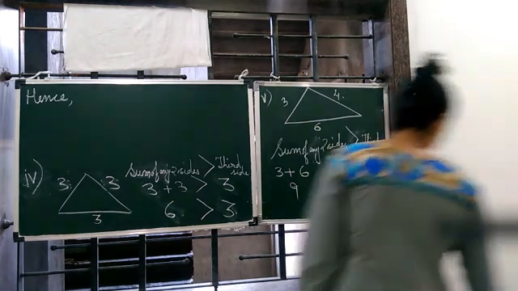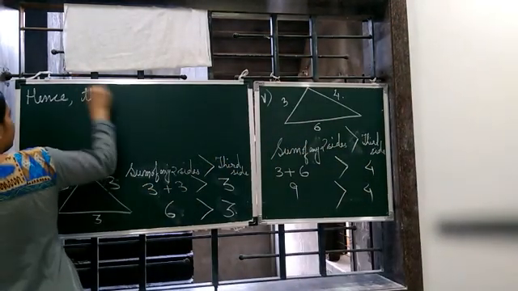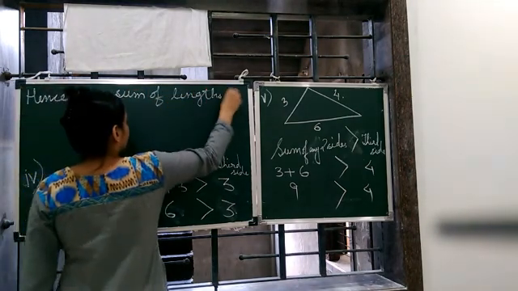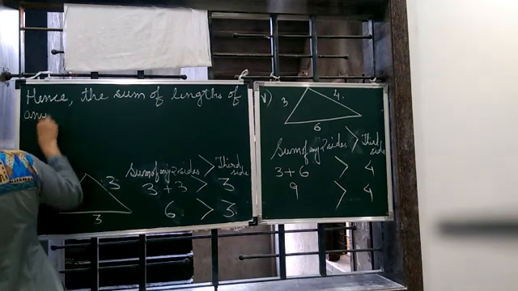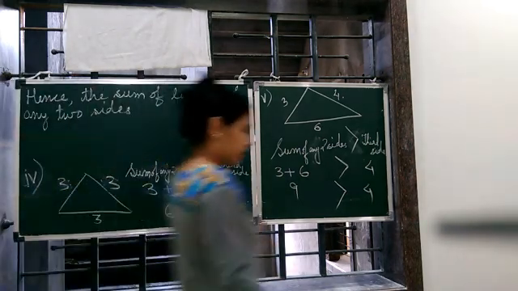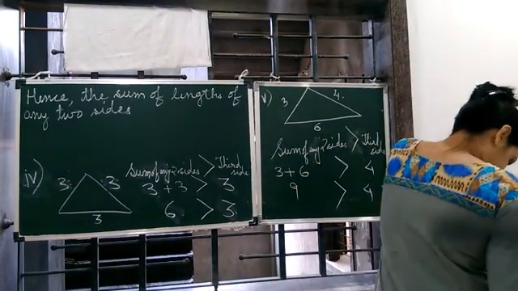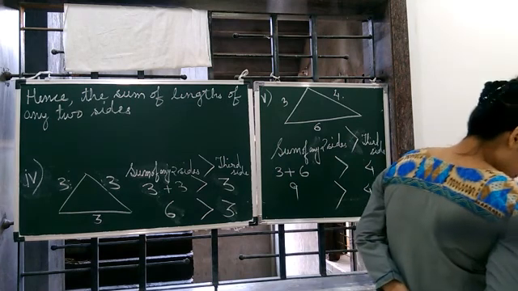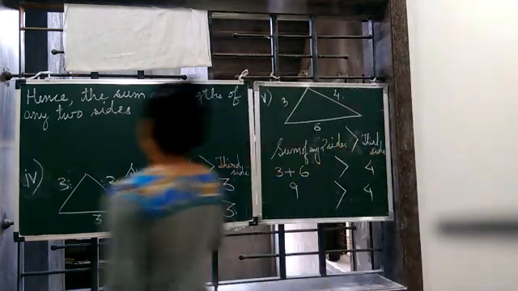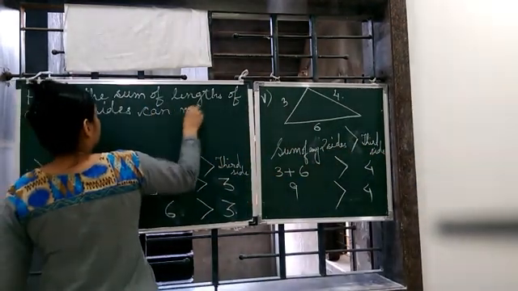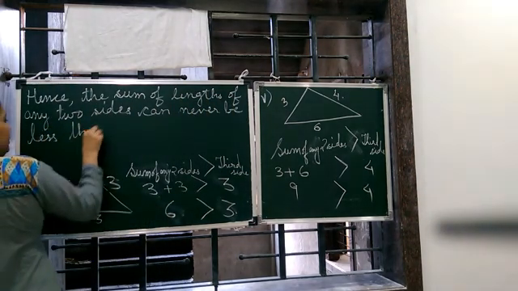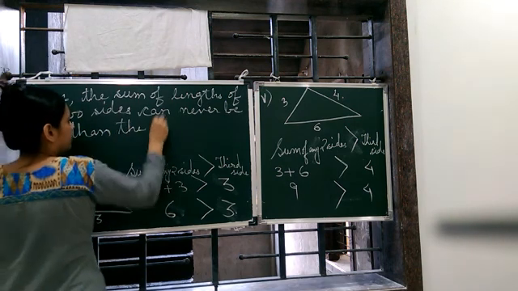The sum of lengths of any two sides can never be less than the third side.